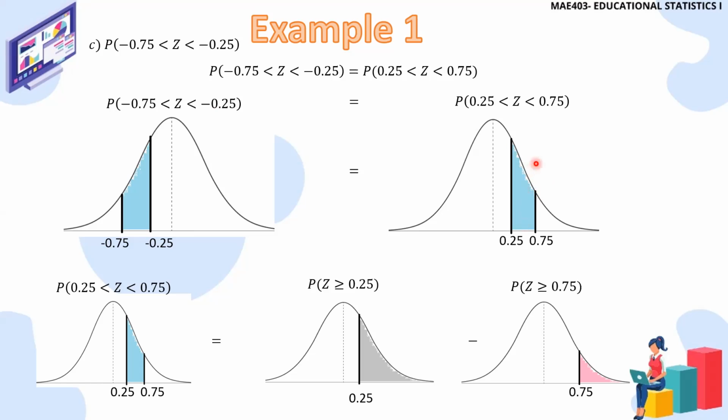So for positive values, it is actually the area between 0.25 and 0.75. Hence, in order to find the area between 0.25 and 0.75, you need to take the area greater than 0.25 minus the area greater than 0.75.